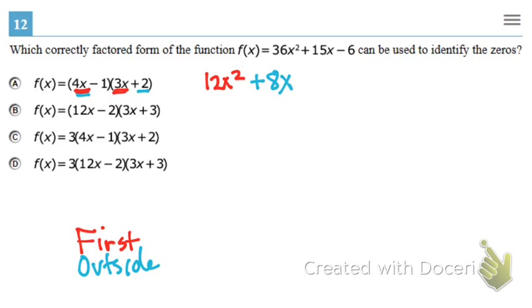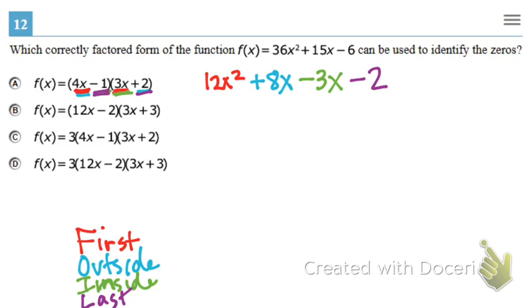And then you're going to do the inside. So negative 1 times 3x is negative 3x. And then you're going to do the last ones. So negative 1 times positive 2 is negative 2.